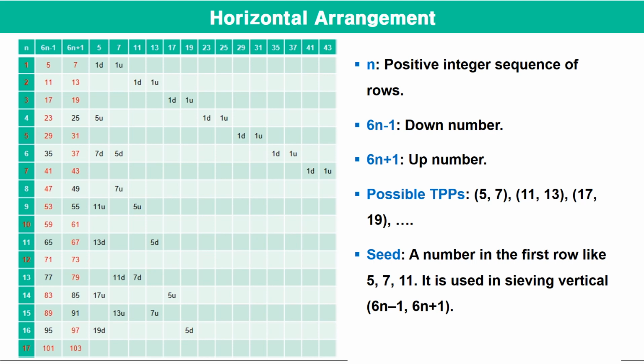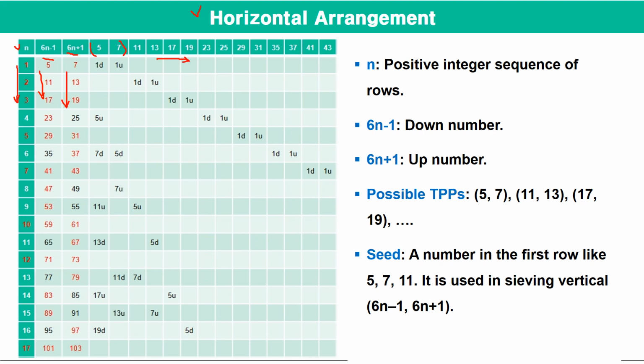Let's see the TPMT in more detail. First, we see the horizontal arrangement. N is the sequence of the rows, and this is the down number, and this is the up number, and down number, up number pairs are all arranged horizontally.